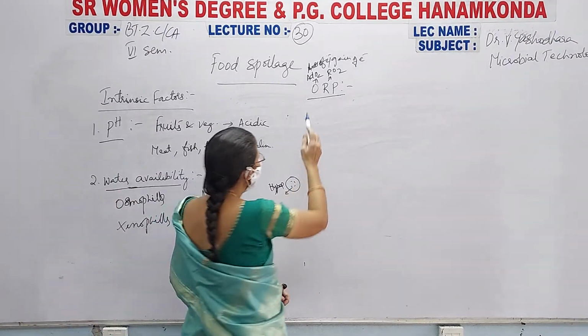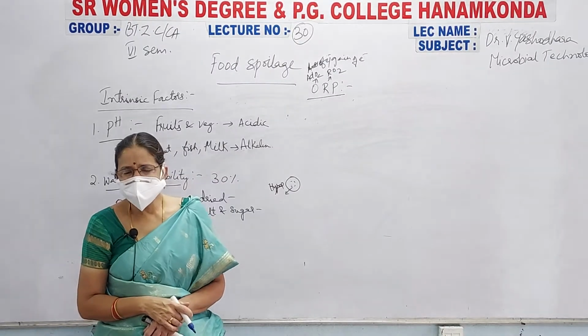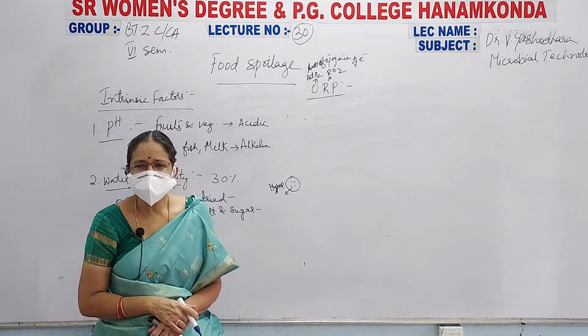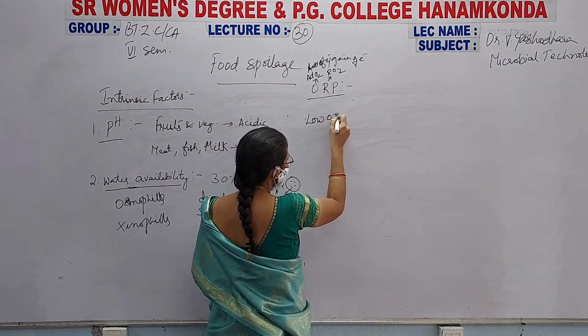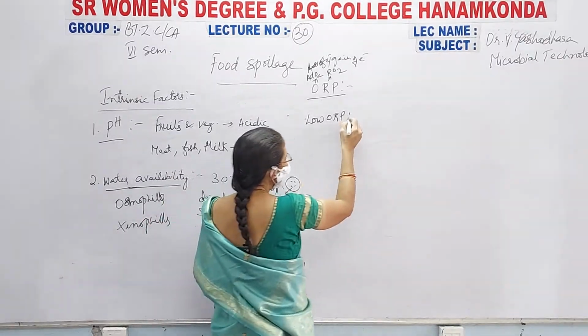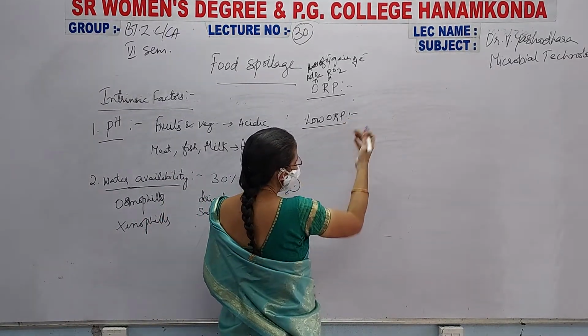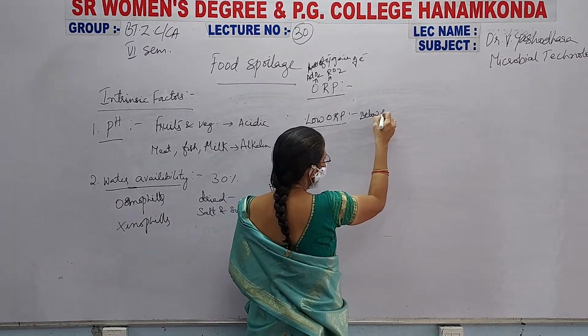Now see here, ORP means oxidation reduction potential. Based on the oxidation reduction potential, the food spoilage takes place. Example is when it is low ORP, that is low oxidation reduction potential. Generally it should be below 300.